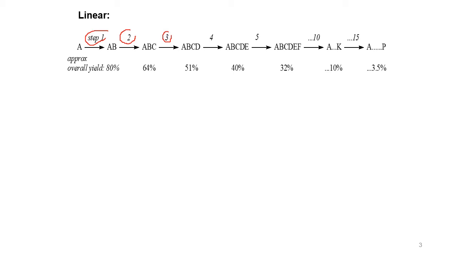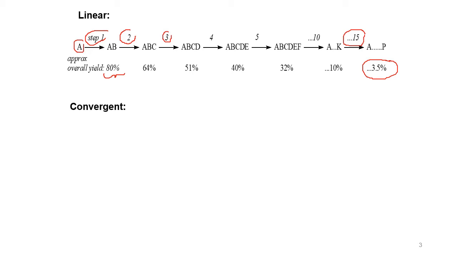Assuming that every step is 80% yield, at step number 15 the overall yield is only 3.5%, which is very, very low. You do not want to spend so much money or so much time on the starting material A to get to the product with only 3.5% yield.